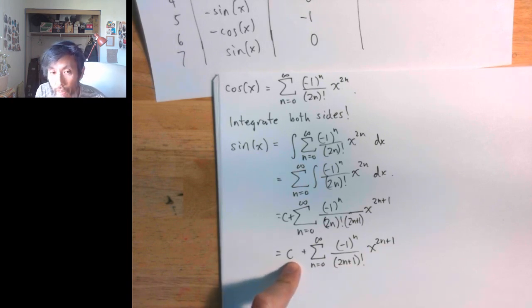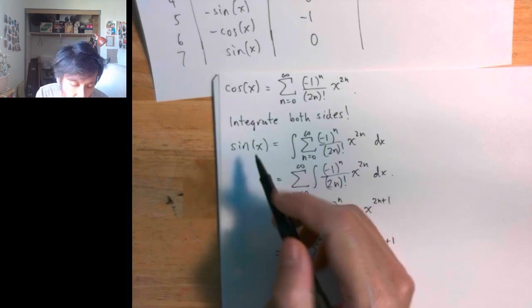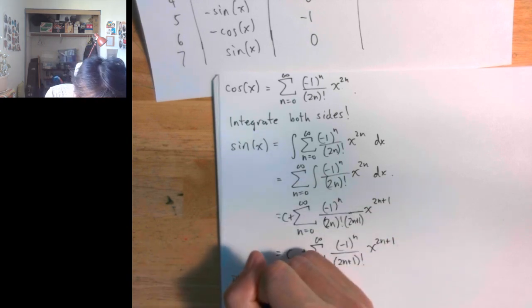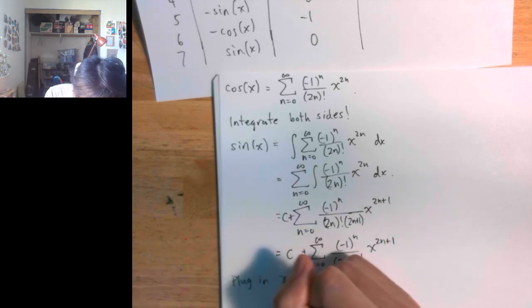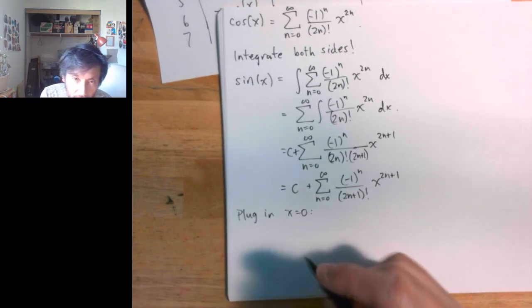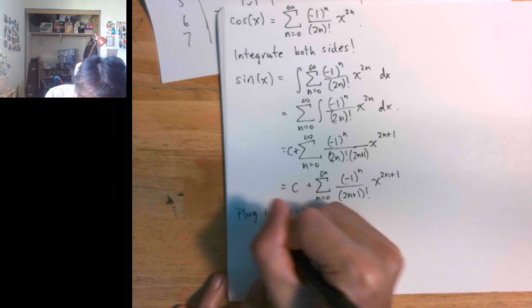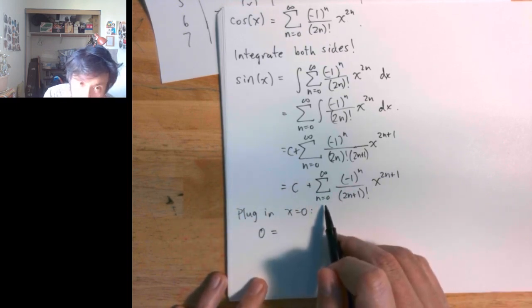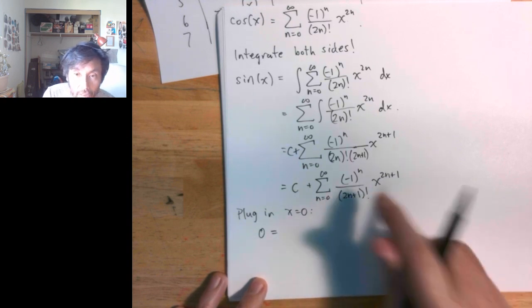So the way that you can find that C is to just plug in a value for x. So if you plug in x equal to 0, for example, then what we get on the left-hand side is sine of 0, which is 0. And on the right-hand side, please notice that everything dies here on this side, right?